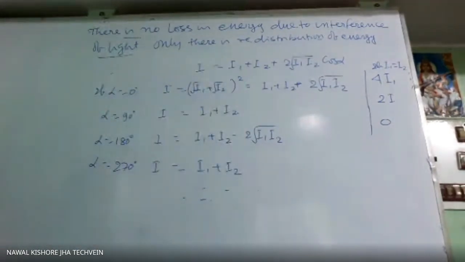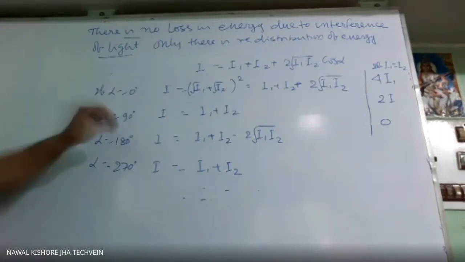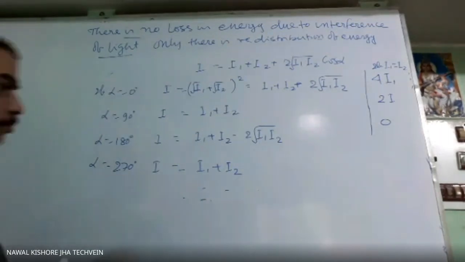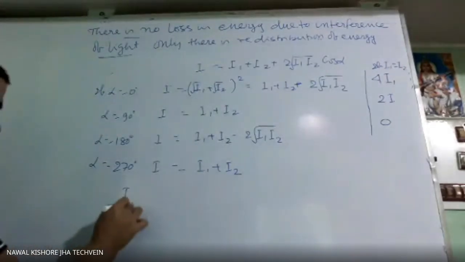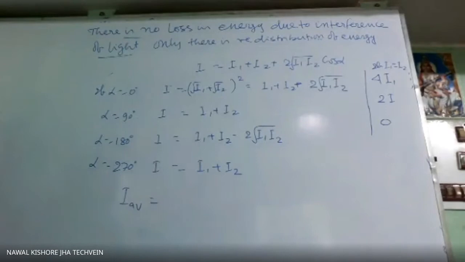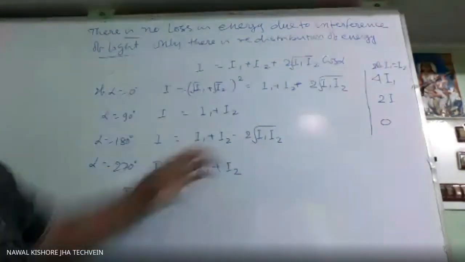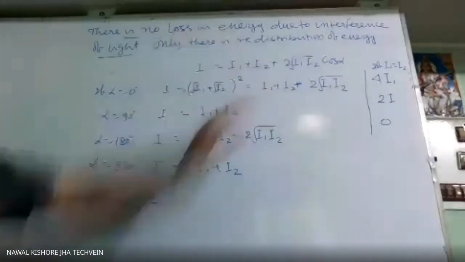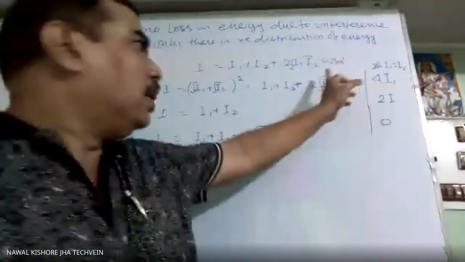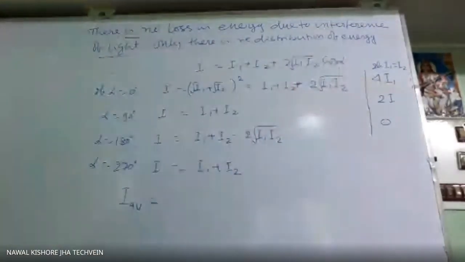Suppose this is again the same thing, 0 degree, 360 degree same. So if you find the average, what will come? We will add all these and divide by the number of observations. You can take only 2, no problem. One is here, maximum, and one is minimum.